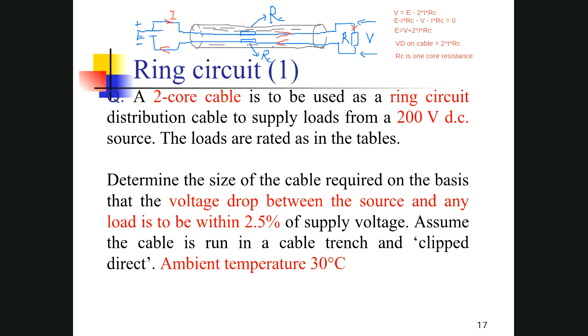In general, the cable value is the voltage drop per ampere per meter for 2 conductors.